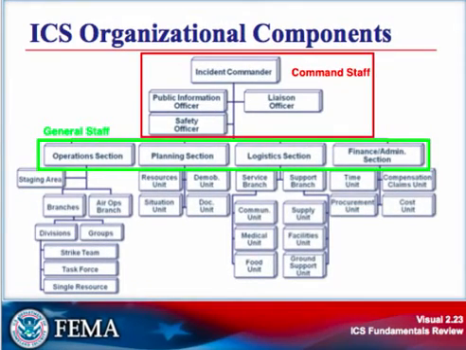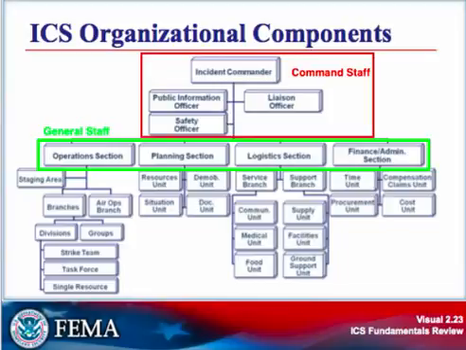We should take a minute to go over the basic structure and elements of the ICS organization. Make sure you can identify these on the org chart as I review them. Command staff report directly to the incident commander, including the public information officer, safety officer, liaison officer, and other positions as required. This does not include the general staff responsible for the sections.